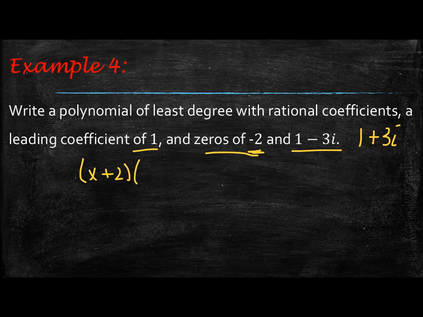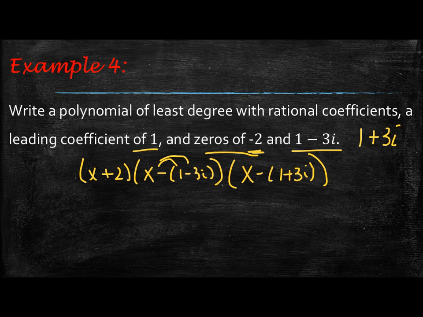Then I'll have x minus, in parentheses, 1 minus 3i. And then I'm also going to have x minus 1 plus 3i. Now I put those in parentheses on purpose because you are going to have to distribute that minus.